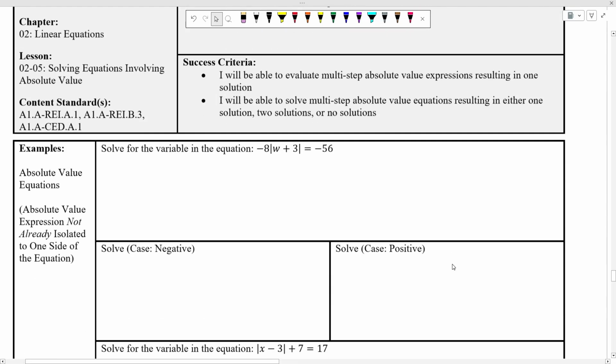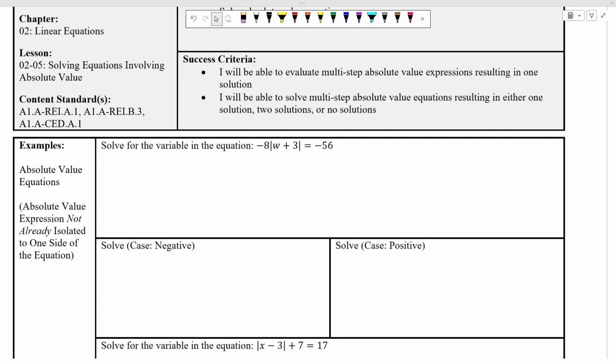Let's do a few more. We're increasing our levels of complexity here, quite significantly, as we venture forth. Now, here represents a little bit of a dividing line between what we just did.